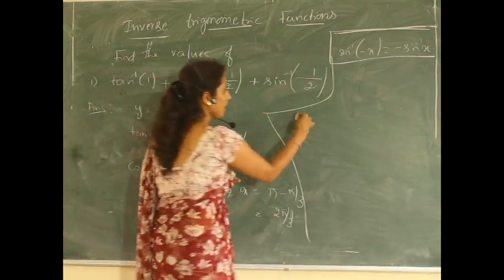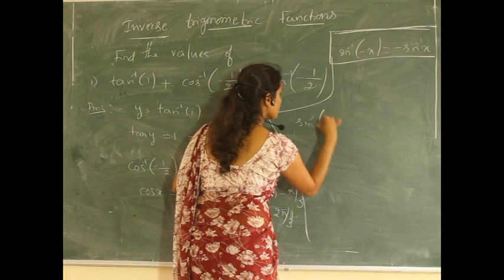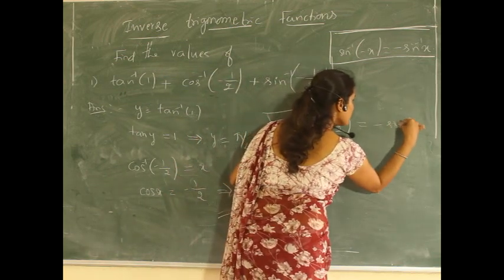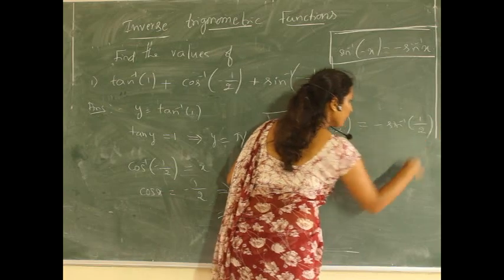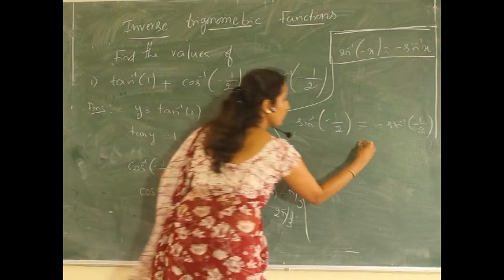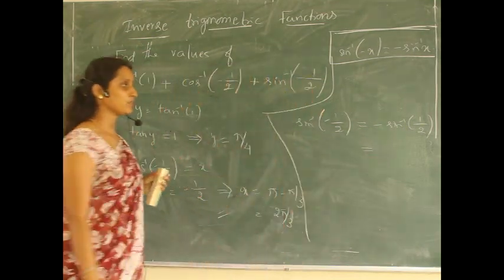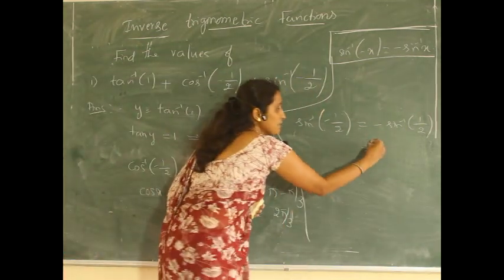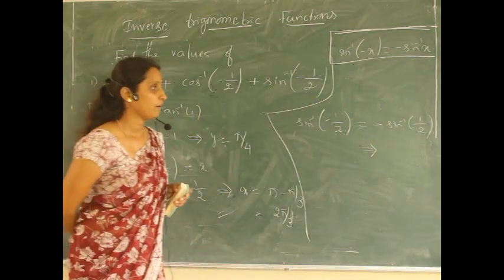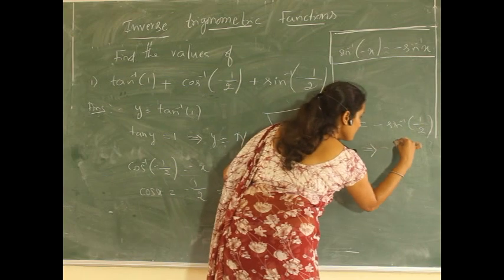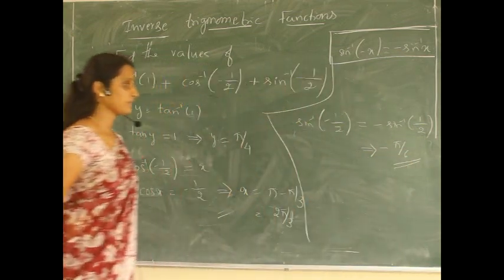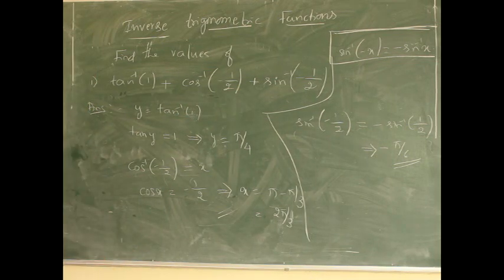Therefore, we can write sine inverse of minus 1 by 2 is equal to minus sine inverse of 1 by 2. The value will be minus pi by 6, since pi by 6 is 30 degrees and sine 30 is 1 by 2.